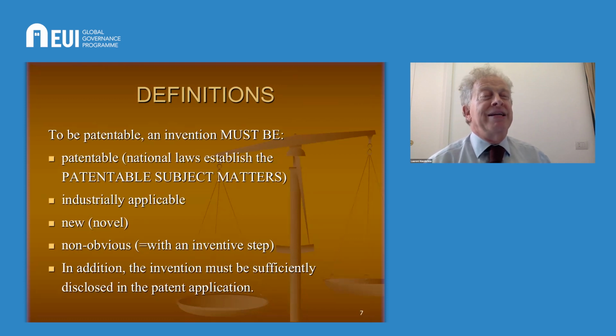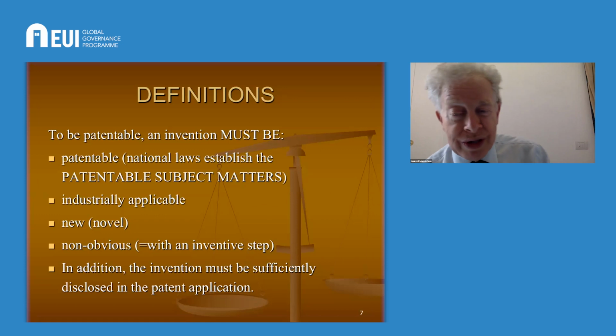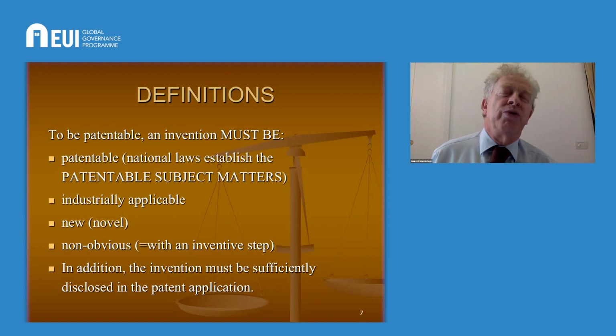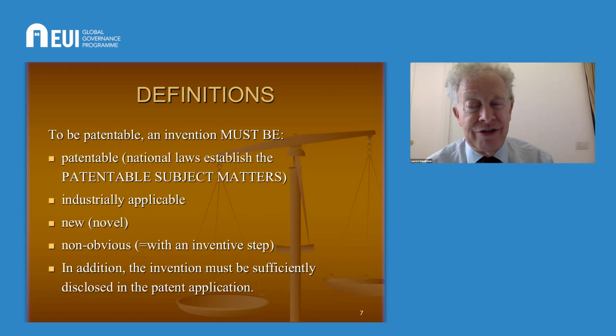So everything is patentable except what is excluded in the law, such as treatment methods, mathematical formulas, games, possibly human life, animal life, and varieties of plants.